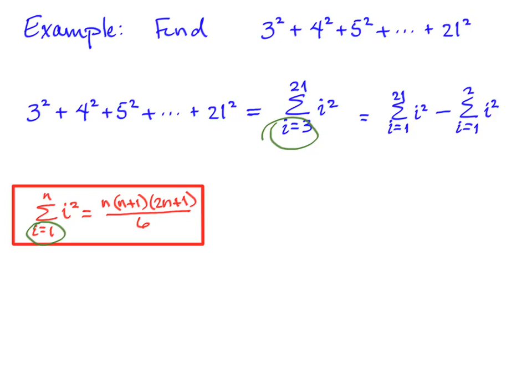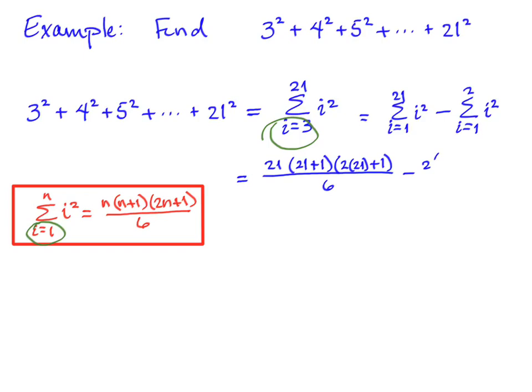And so now we can rewrite both of those sums using a formula. The formula that's here in red says the first sum from 1 to 21 of i squared is going to be 21 times 21 plus 1 times 2 times 21 plus 1 all over 6.